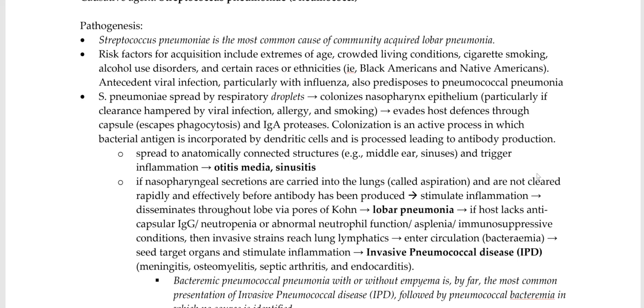And then they seed the target organs, that means all the organs supplied by blood, and there they stimulate inflammation, which is known as invasive pneumococcal disease or IPD. The commonly involved organs are meninges, so pneumococcal meningitis is very common. Other manifestations are osteomyelitis, septic arthritis, and endocarditis.